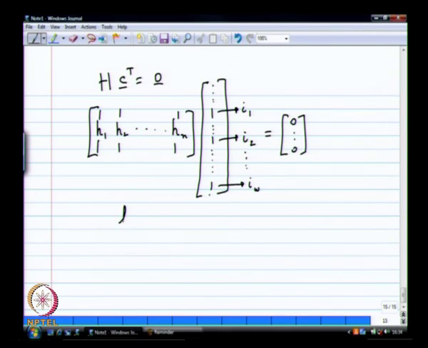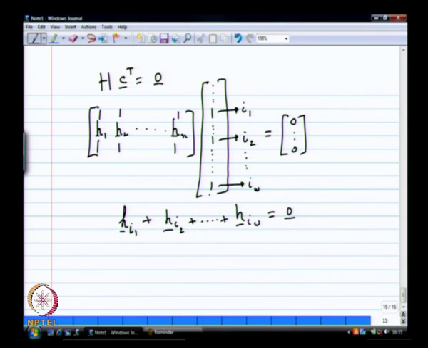Okay. Actually what happens is, if I think of these things as vectors, hi1 plus hi2 plus so on till hiw equals 0. Okay. So, what does this mean?